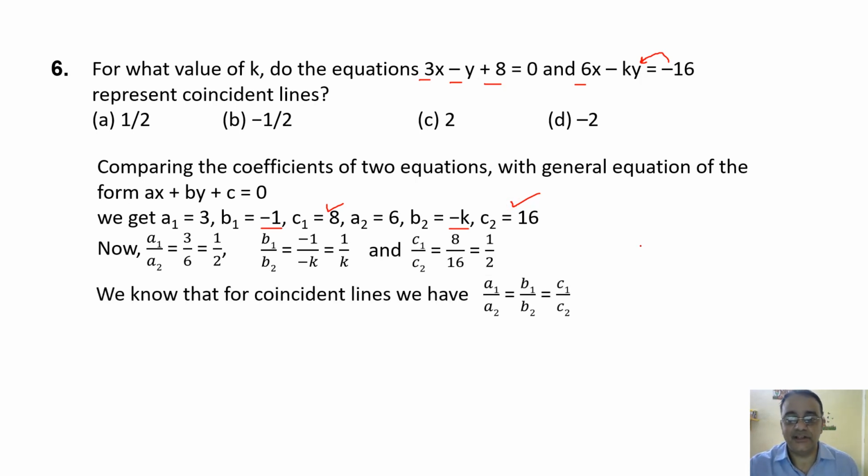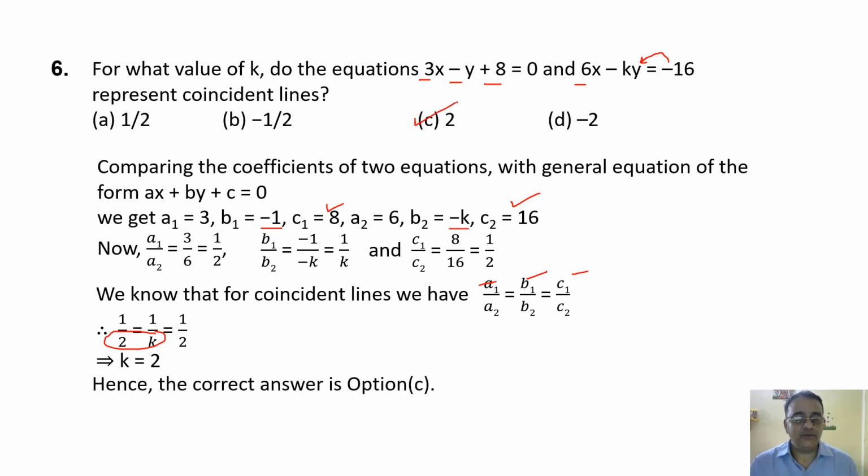Now substitute all the values: 1 by 2, 1 by k, 1 by 2. So what is the value of k? Plus 2. Which option is the correct one? Option C. Very good.